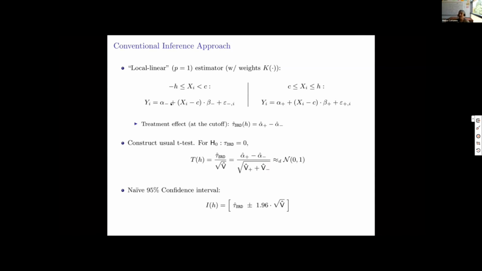You plug them in, and you get yourself a great t-test statistic. And then comes the hope. The hope is that whenever you do that, that t-test statistic behaves like we know traditional least squares problems behave. That is, the t-test enjoys a distributional approximation, which is a normal 0-1. And so if we get that, we are in business, right?